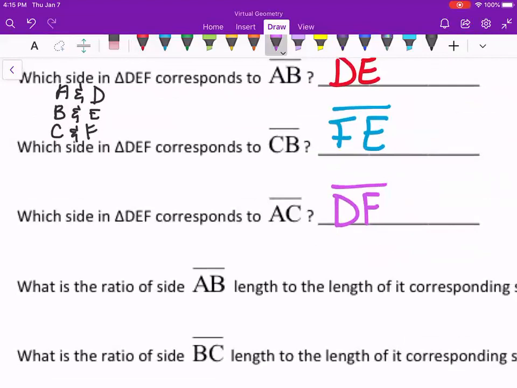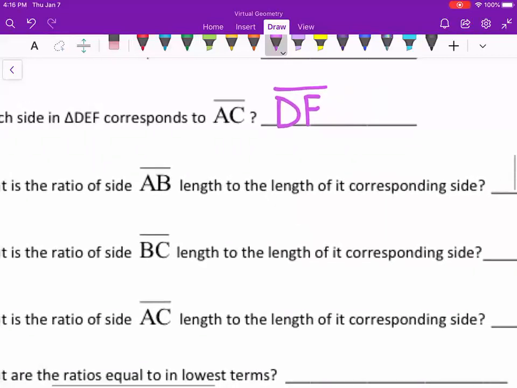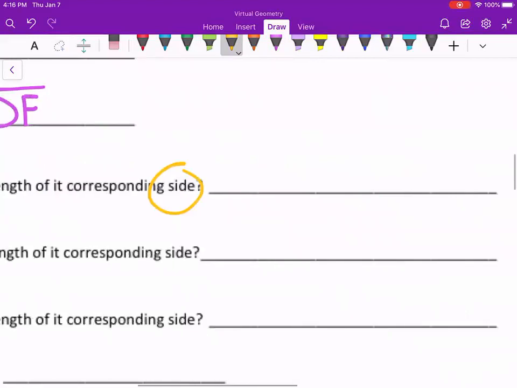Now let's talk about the ratios of these sides. So what is the ratio of side AB to the length of its side? So again, clue here, AB to its side. Use those words to write the ratio, which is why we talked about the word to being used to write the ratios. So segment AB over, and again, we're talking about the length, so you don't need the segment bar, but AB over DE.